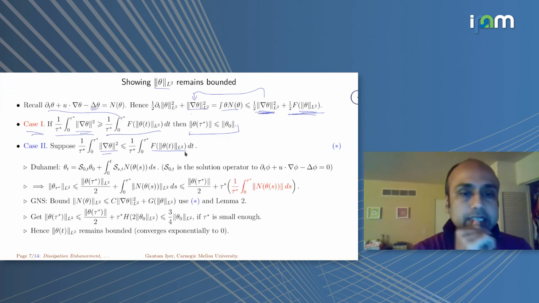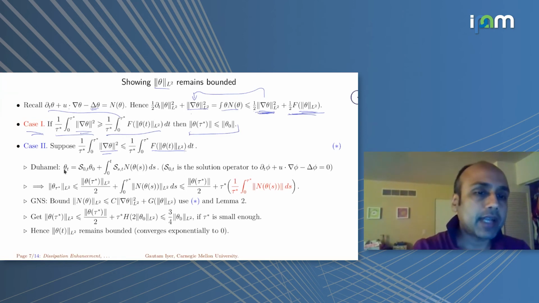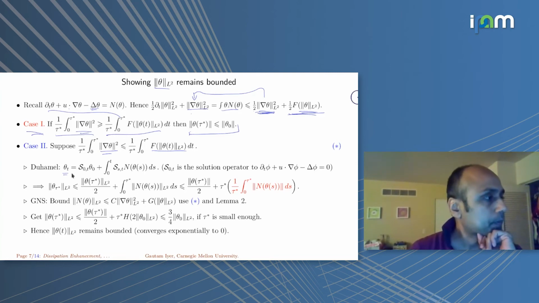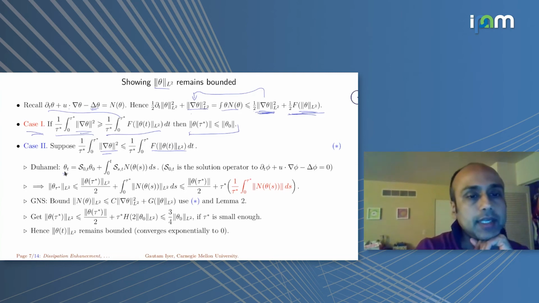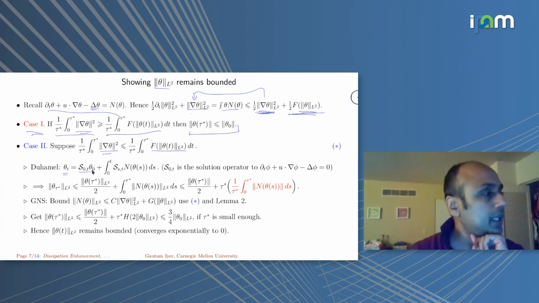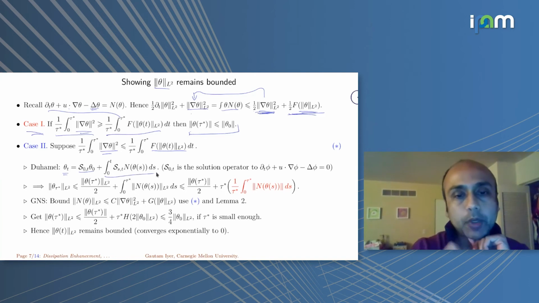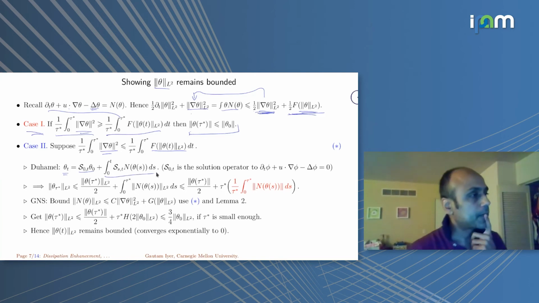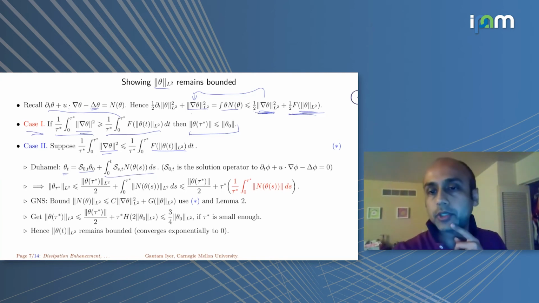Well, here's the idea. Let me write down theta at time t using Duhamel's formula. Theta at time t is equal to: solve the linear equation for time t, and then put the time convolution term in. So S is just the solution to the linear equation.